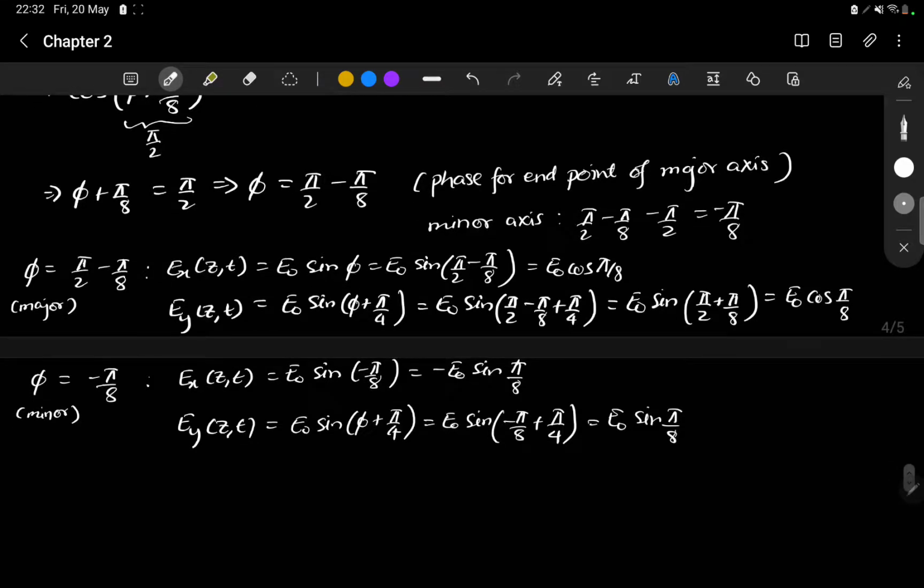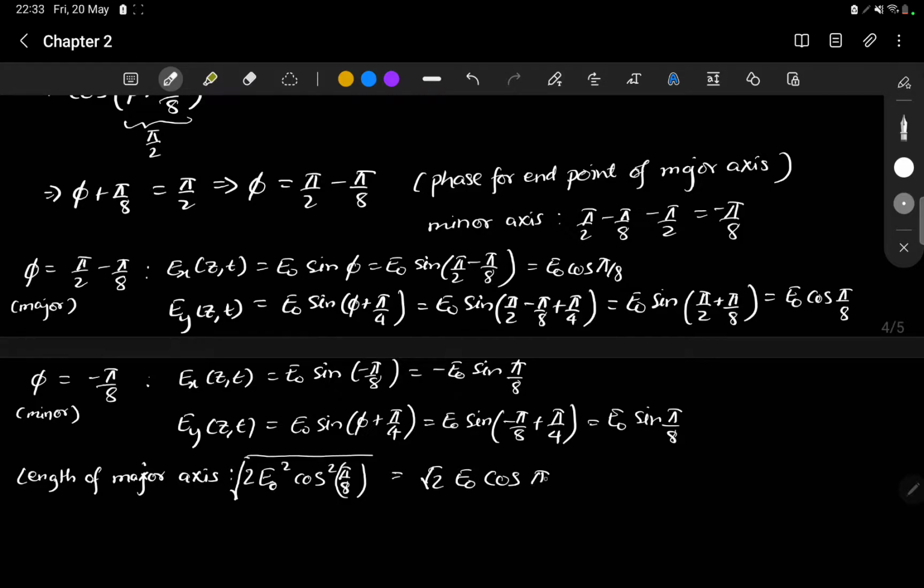So now we can find out the length of the major axis. Length of major axis is nothing but square root of E naught squared cos squared pi by 8, 2 times this, because x and y magnitudes are same. This is equal to root 2 E naught cos pi by 8.